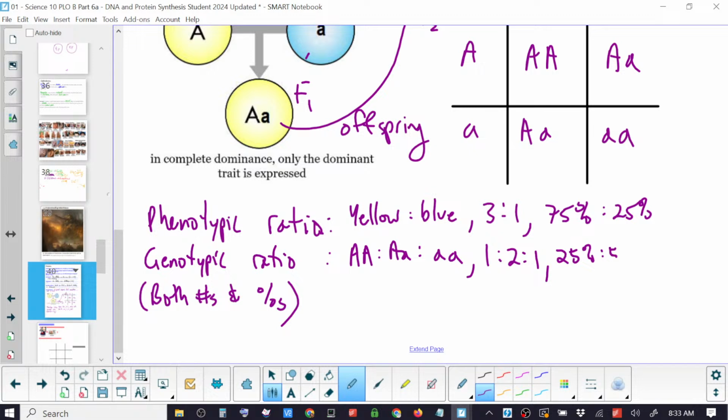Oh, to these ratios? I cannot write. Man. They're like weird. That's I'm doing AP Bio.